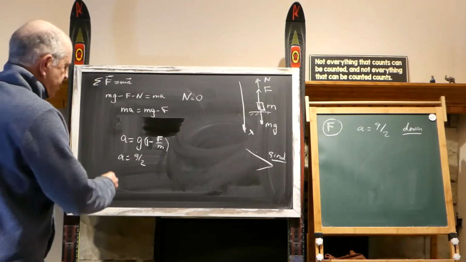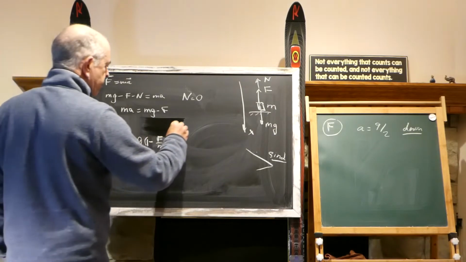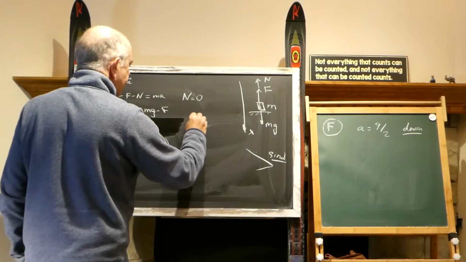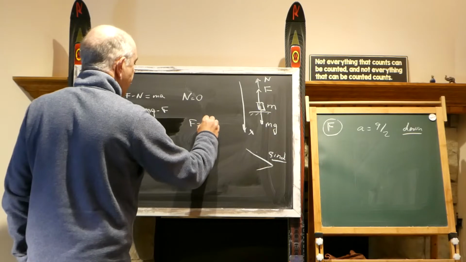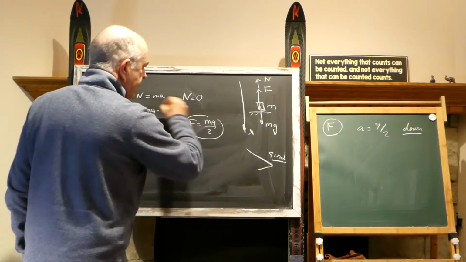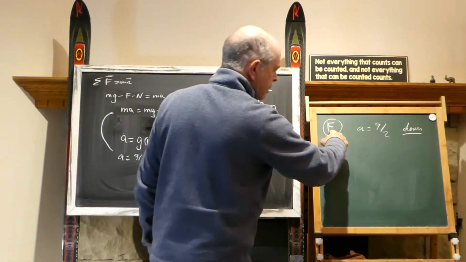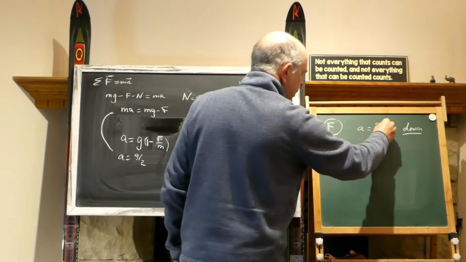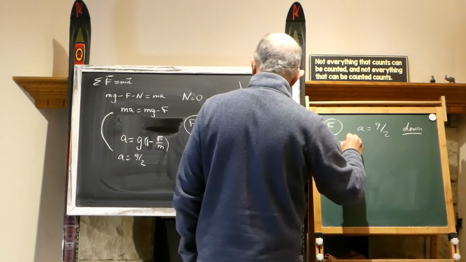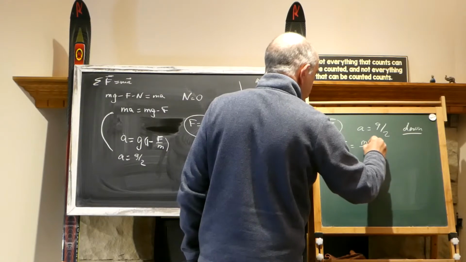And this immediately I can plug in, and this will give me immediately the result that F equals mg over 2. So this assumption that there is a force and that the resultant acceleration is g over 2 immediately leads me to the fact that F equals mg over 2.